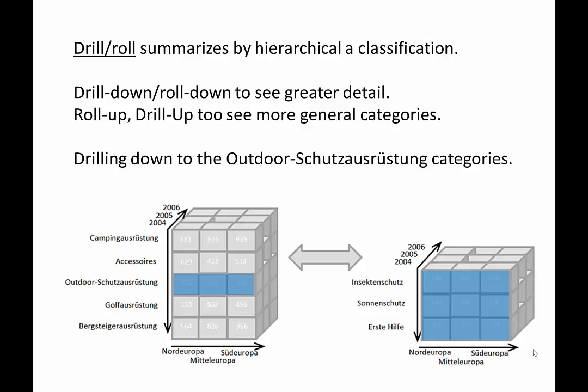So here, outdoor, my German is so appalling, I have no chance of knowing what that means, but outdoor something or other. Anyway, that's your category. You can burrow into that layer, and then you get the data on the subcategories of the outdoor, whatever it is.